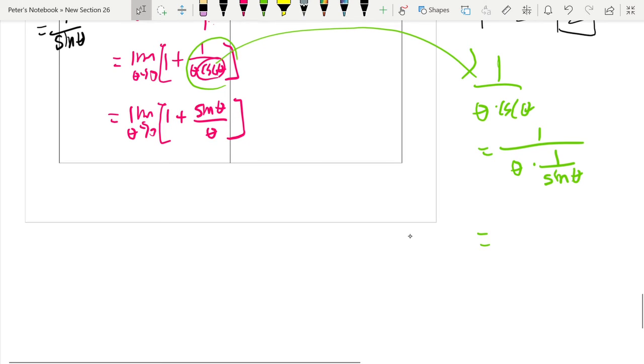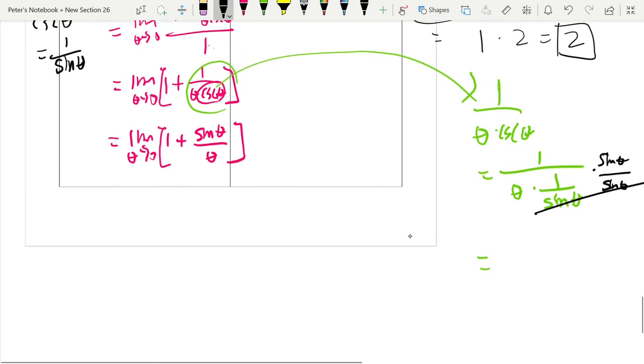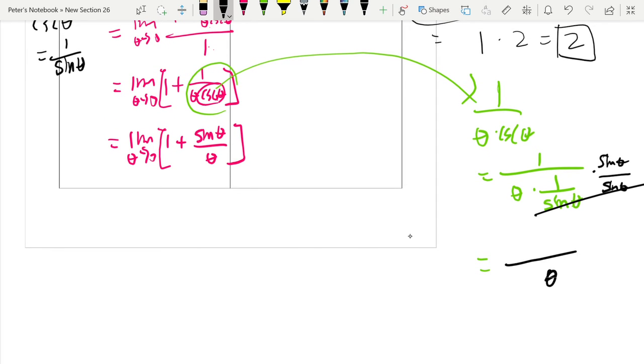And I don't like sine theta over here, so how can I manipulate this function? I multiply both numerator and denominator by sine theta over sine theta, and that cancels away, assuming that sine theta is not equal to 0, that is. And then I can rewrite that as sine theta over theta.